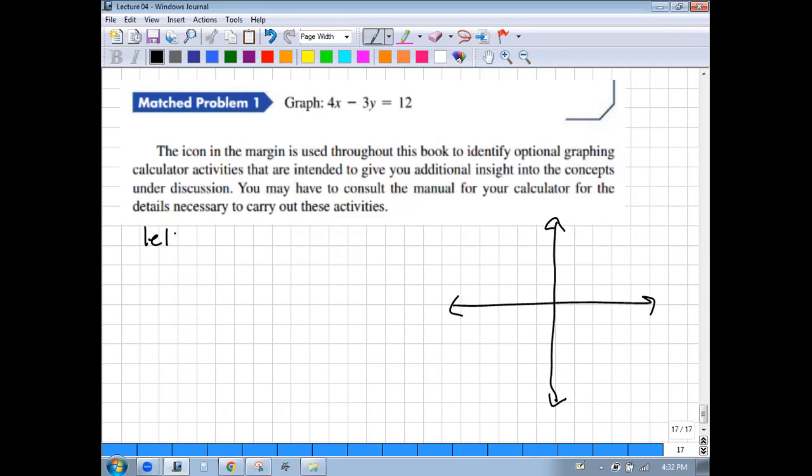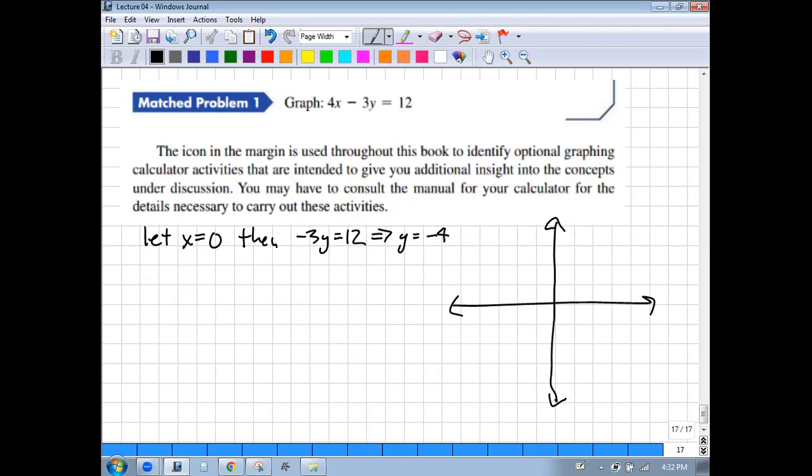If I let x be 0, then I have -3y equals 12, right? And that would tell me that y has to be 12 divided by -3, which is -4.